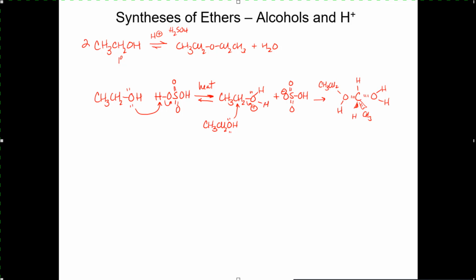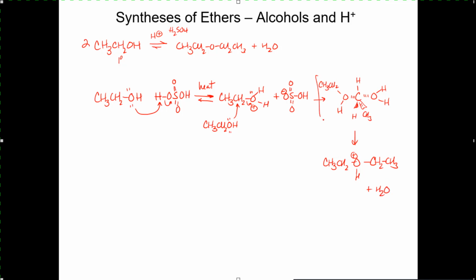The final product is going to have a CH3, CH2, the O with the H attached to it with the positive charge, attached then to the CH2 with the CH3, and I'll end up eliminating water.